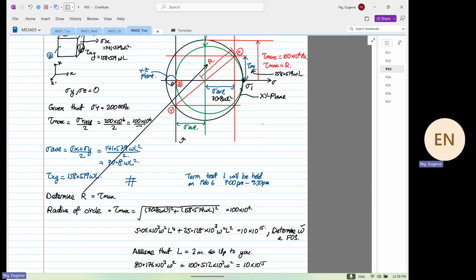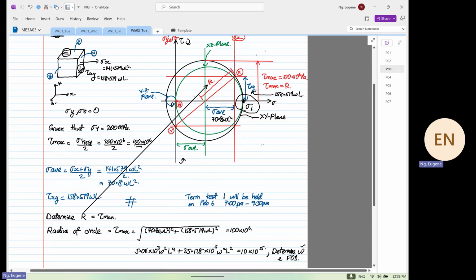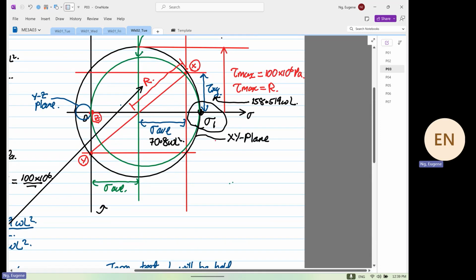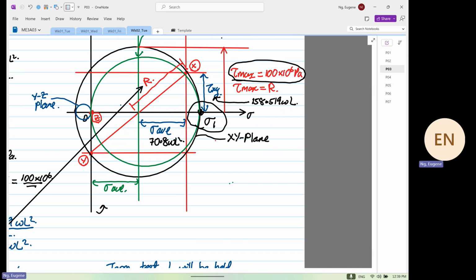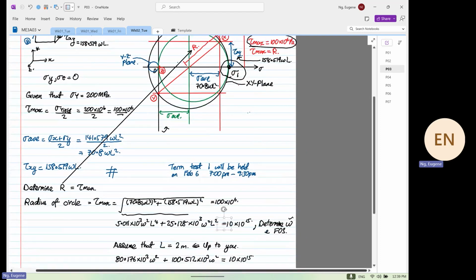I repeat again, we want to determine at this point what stress 1 is. So what we have done now is we have ensured that the maximum shear stress cannot be more than 100 megapascal. When did we do that? We did that when we formulated this equation over here. This equation tells us that the radius of the circle cannot go beyond 100 megapascal.